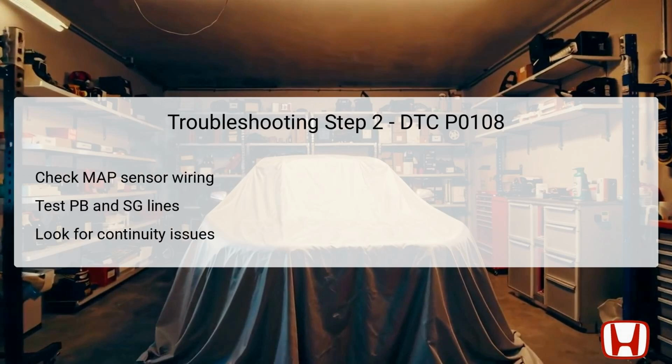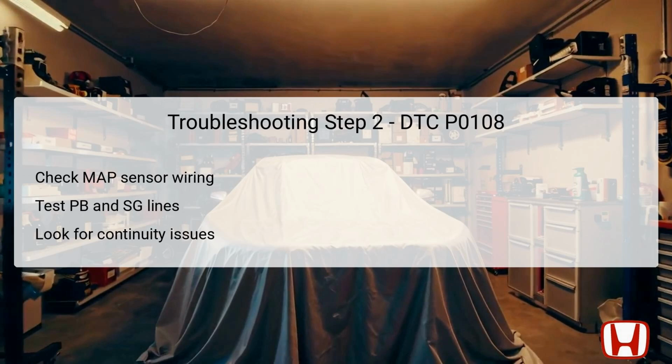In the second step of troubleshooting DTC P0108, the focus turns to inspecting the wiring connected to the MAP sensor, specifically the PB power supply and SG signal lines. It is essential to test for continuity in both lines to confirm there are no breaks or shorts that might prevent correct signal transmission.